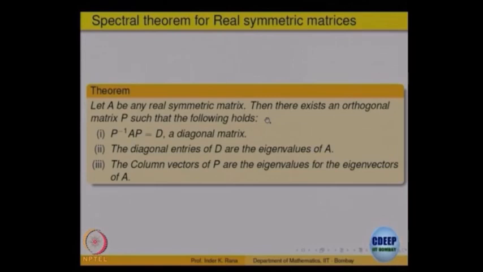So, for a real symmetric matrix there will be n eigenvalues, and there is a basis consisting of eigenvectors which form an orthonormal set. So, there is a basis consisting of orthonormal vectors. That is what is called the spectral theorem for real symmetric matrices.